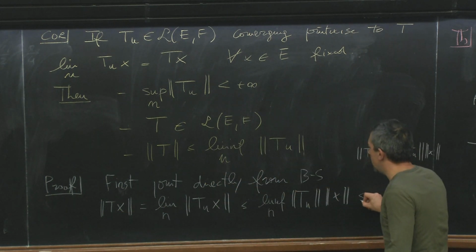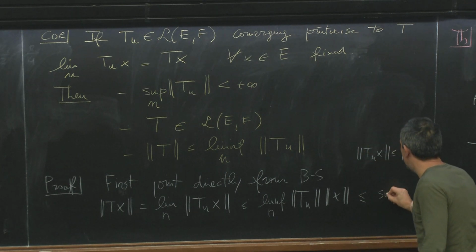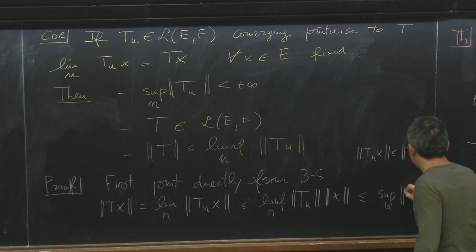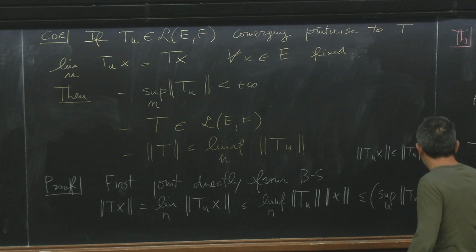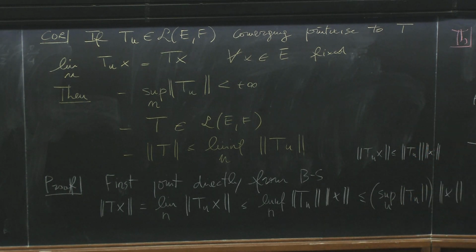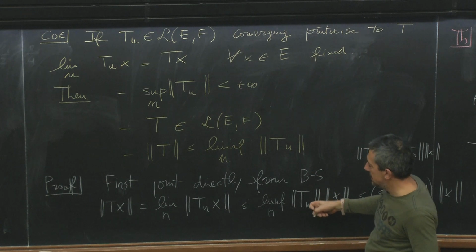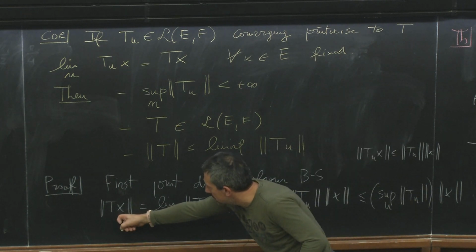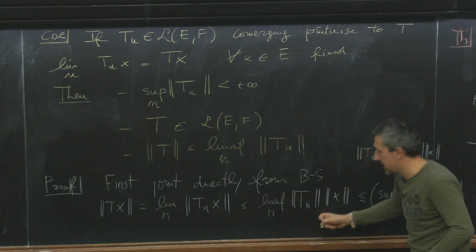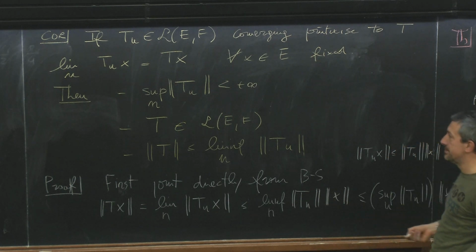Okay, so it's less or equal than the supremum. Which tells me that it's certainly bounded by point 1, and then I get from this inequality that this norm is less than this guy over here, by definition of norm, no?